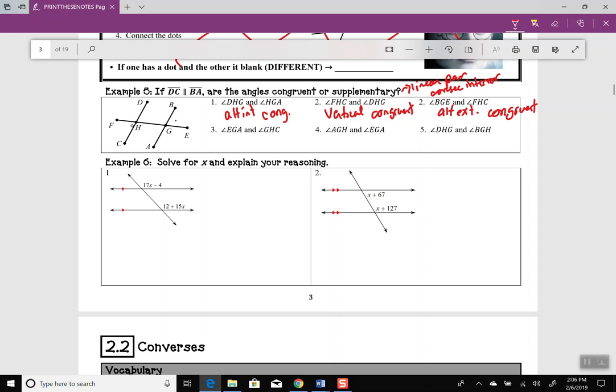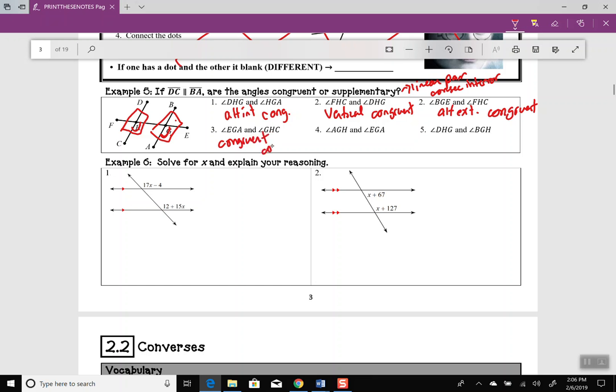EGA and GHC. So EGA, that's this one, and GHC, that's this one. If you make a 4-square game here and a 4-square game here, they're both in the bottom left, so those are going to be congruent.